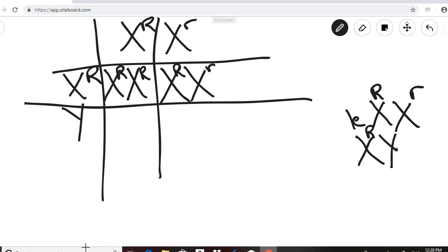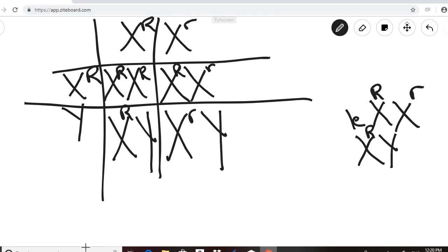Okay, then this would be an X and a Y, and the X has the uppercase R and the Y has nothing on it. And then this one would be, the X has the lowercase r and the other one would have a Y.